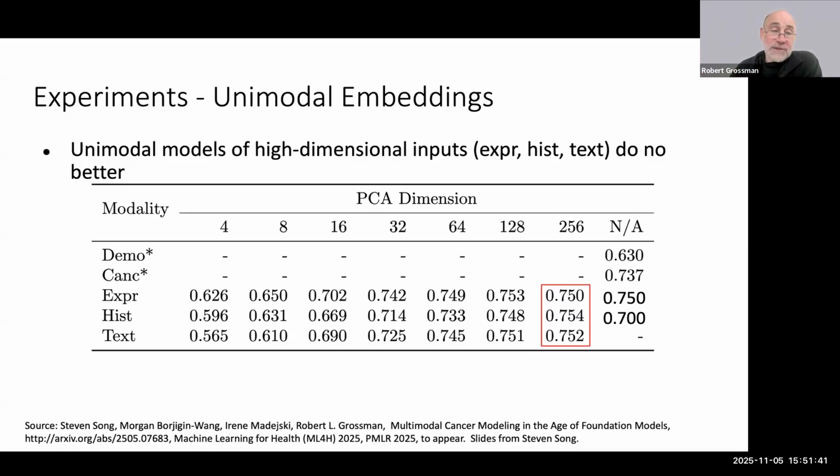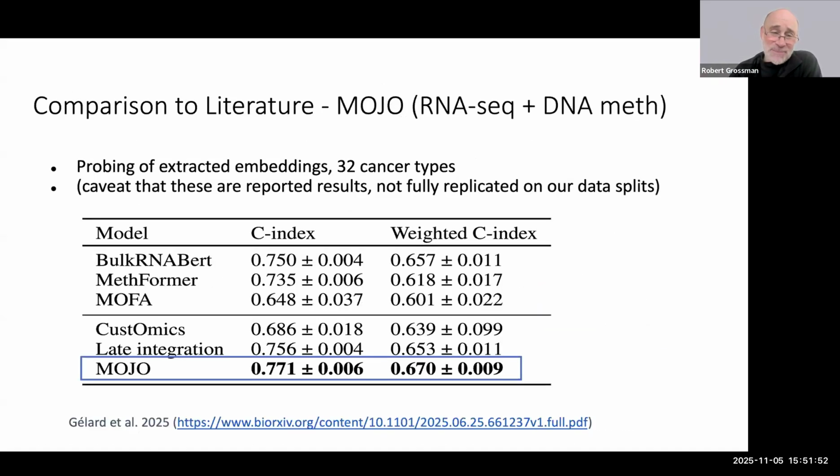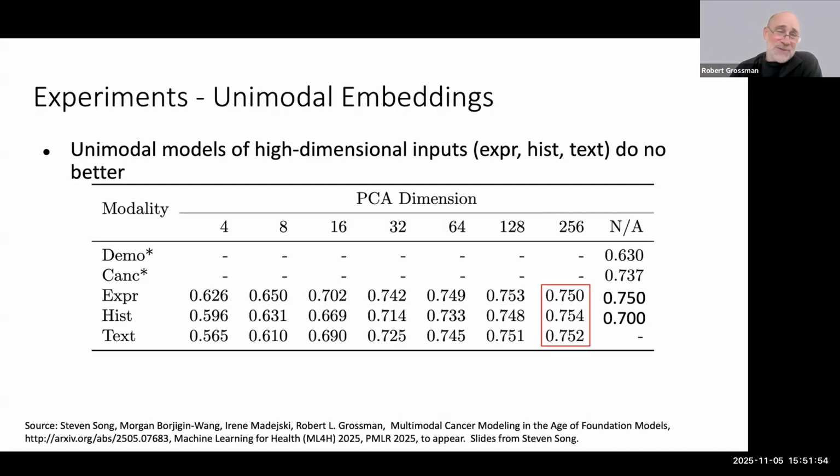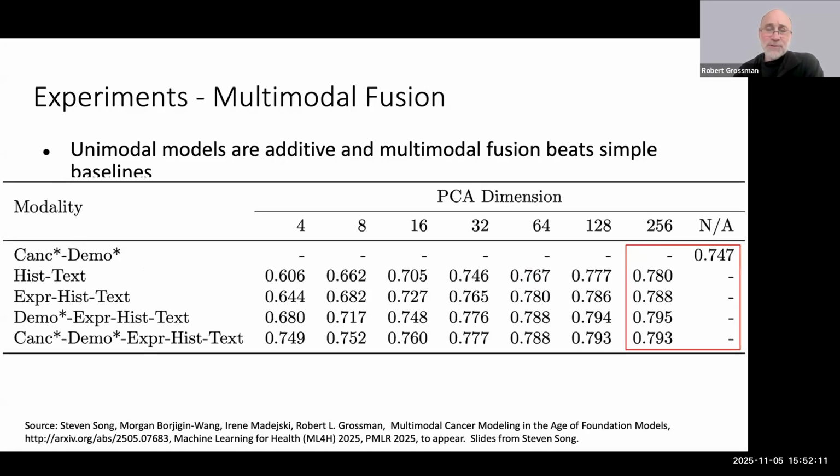just single-modality expression. Notice that I think this is not well understood, but if these fancy models, which might get 0.771, if I just use demographics, age, gender, et cetera, and cancer type, at least with TCGA, I get very good performance. So we're really interested in the incremental performance, and that's really important to keep in mind.